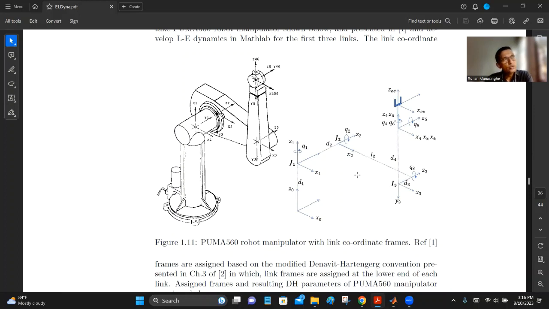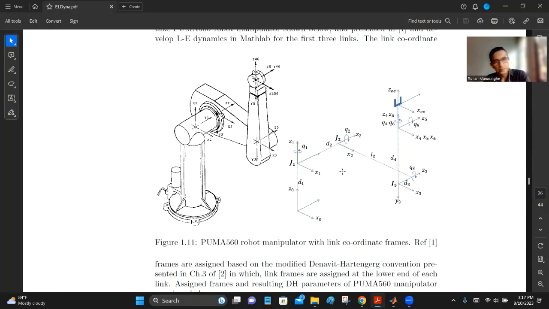The other thing I want to show you here is that if you look at these coordinate frames, you have earlier done the standard DH frame assignment. Remember the 4 parameters, D, alpha, and theta.